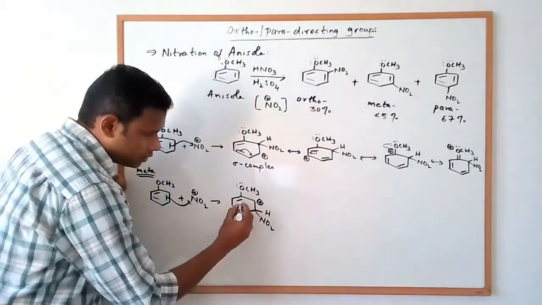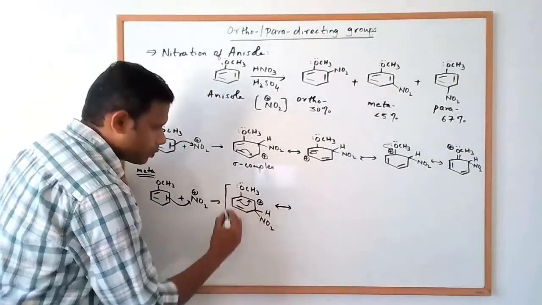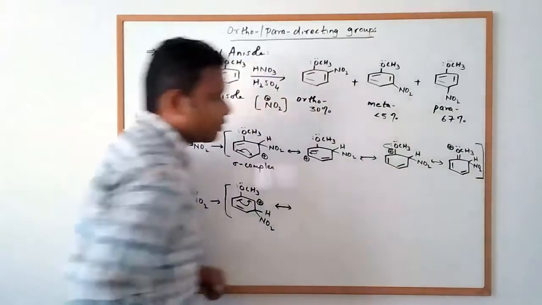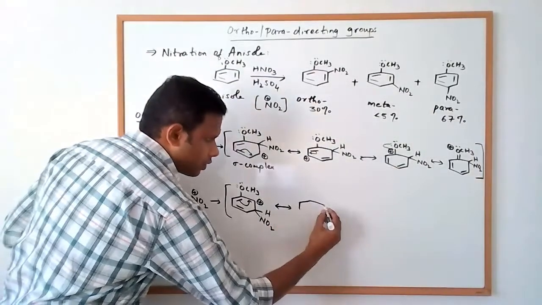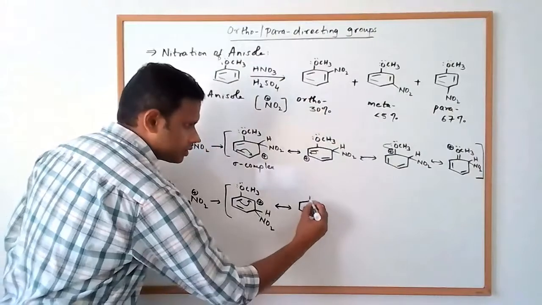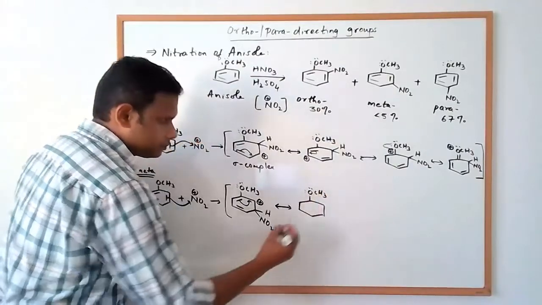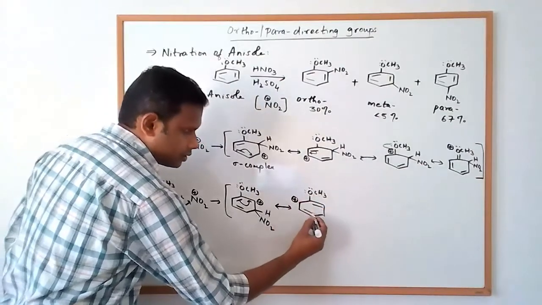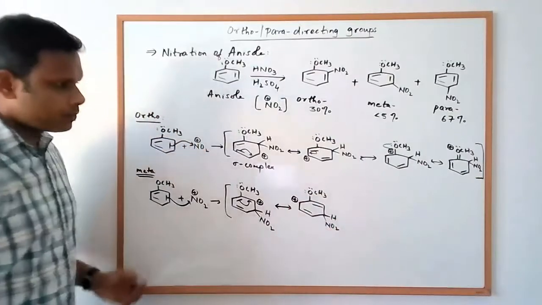And now, like the other sigma complex, this sigma complex is also resonance stabilized. So these are all resonance forms for these sigma complexes. So we can draw additional resonance forms. So where we have methoxy, lone pair, double bond comes here, carbocation here, H and NO2.